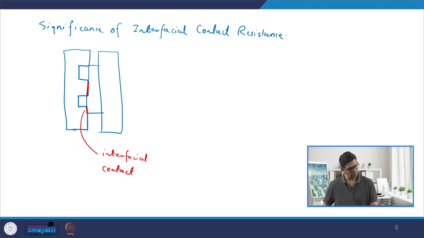When protons and electrons are generated at the catalyst layer, this is our catalyst layer.